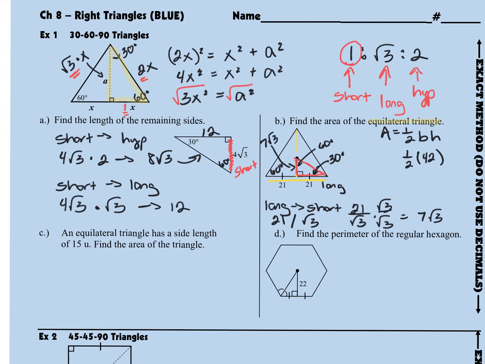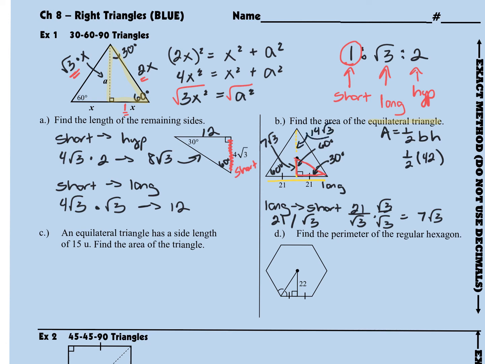Now, what I want you to notice is that the hypotenuse in this little tiny triangle is the same as this remaining portion of the height of my triangle. And now that I have my short, I can go back to the idea from example 1, short to the hypotenuse, I can multiply by 2. So if I take this 7 radical 3 and multiply by 2, then this piece right here will become 14 radical 3.